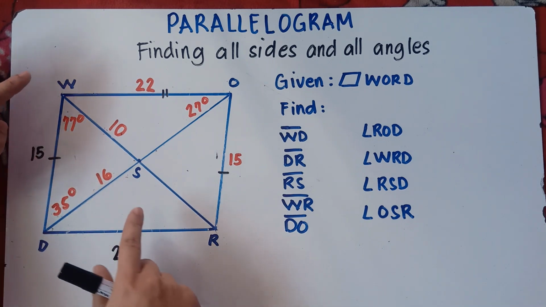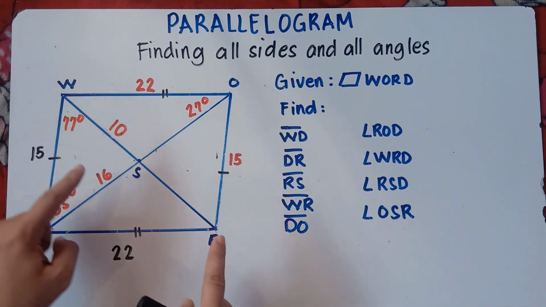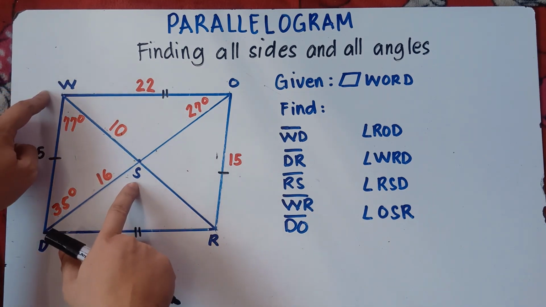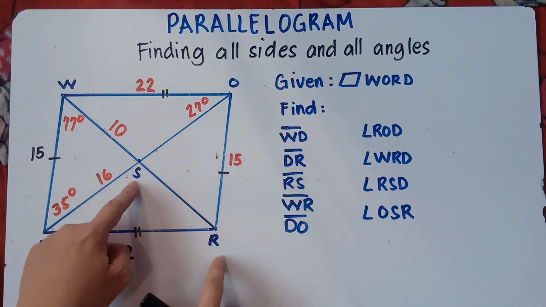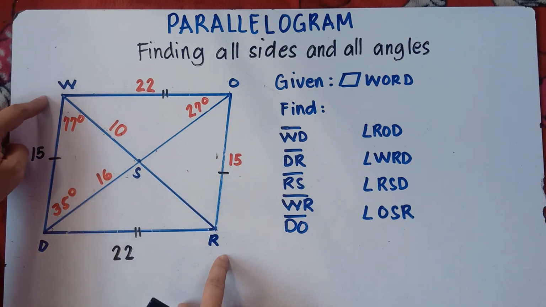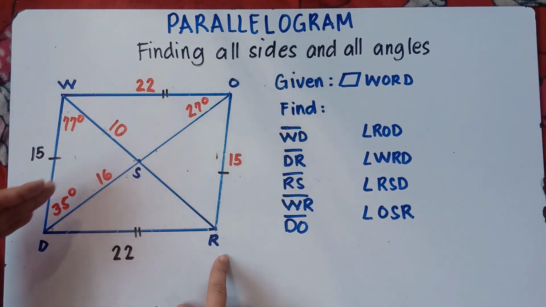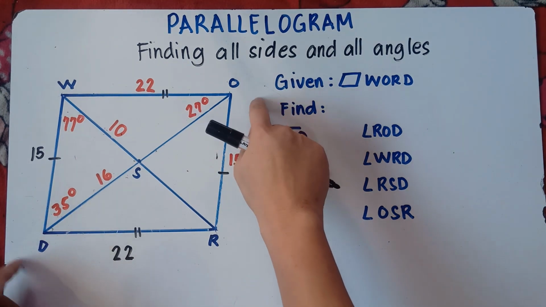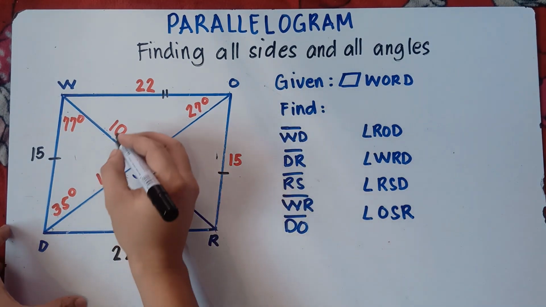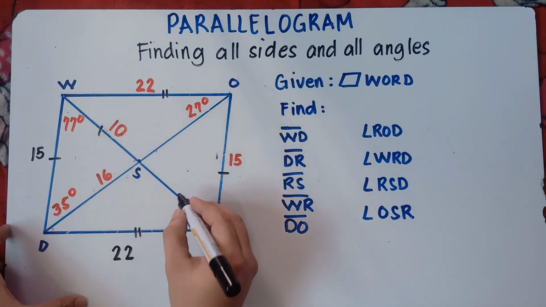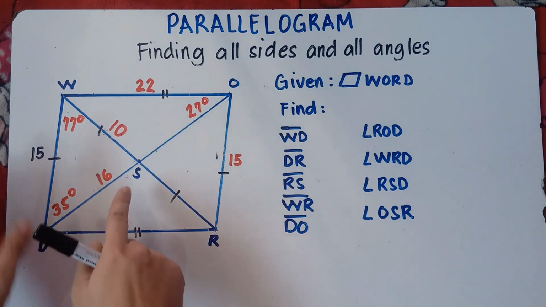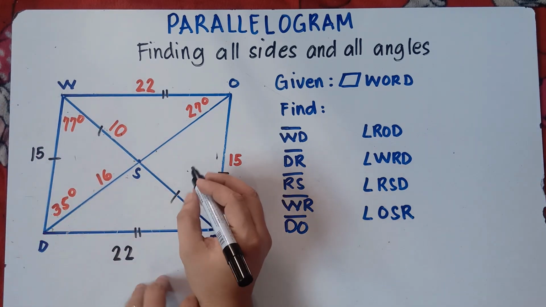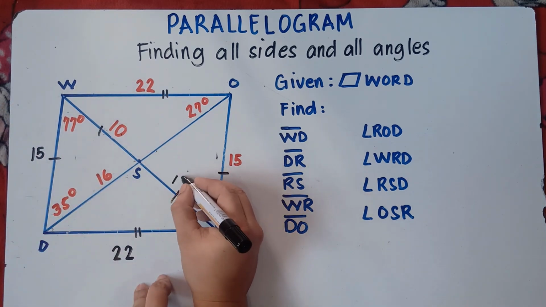Therefore, line segment WS is congruent to line segment RS, because WR is being cut into two equal parts by diagonal OD. So if WS is 10, RS is also 10.